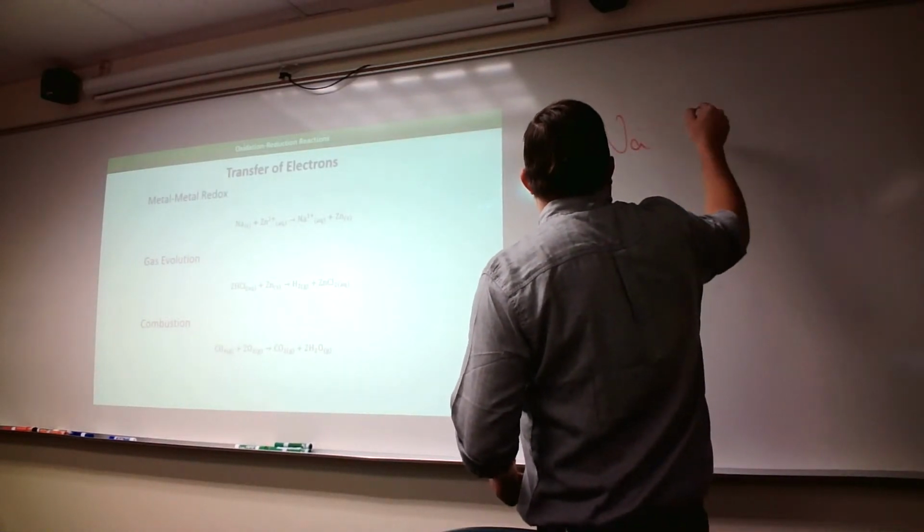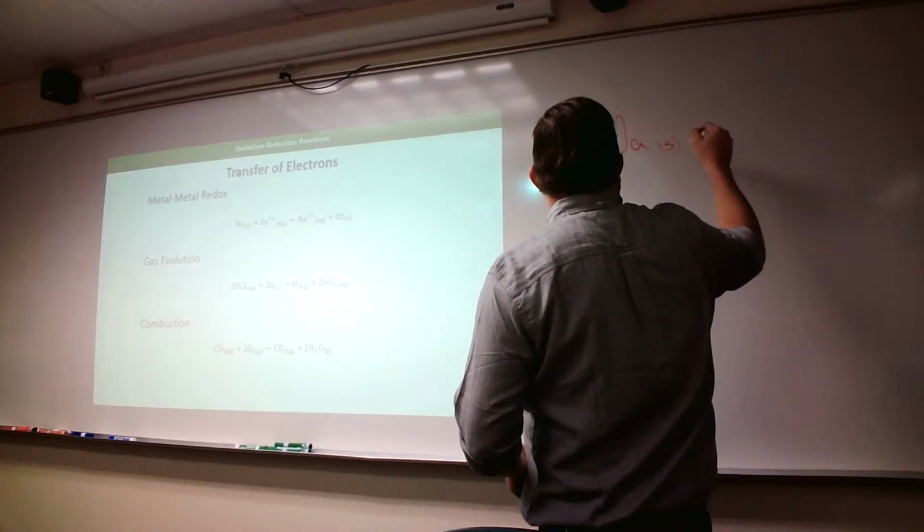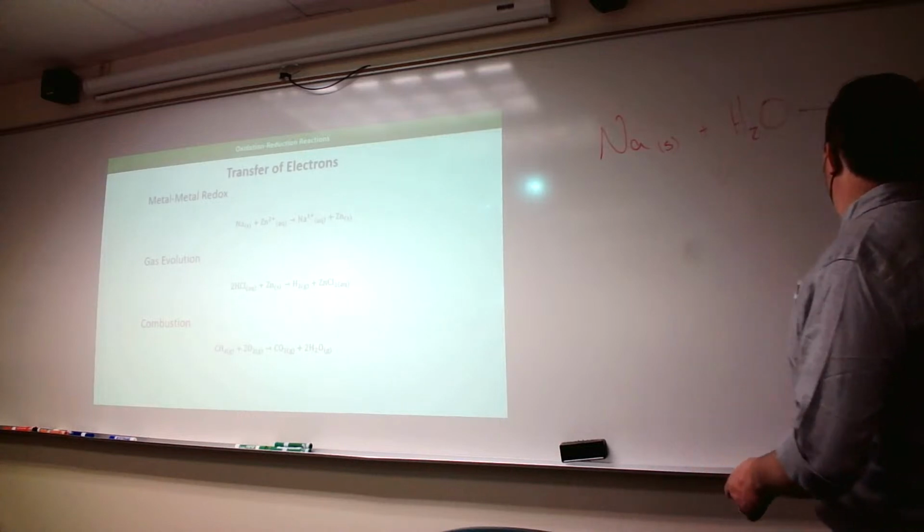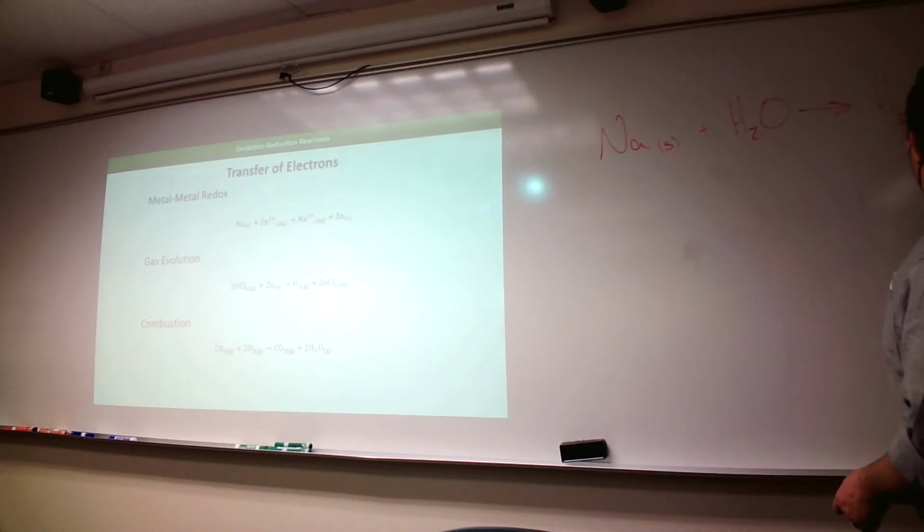We did sodium metal plus water in lab today, right? And when that reacts, it makes hydrogen gas and hydroxide and sodium, or sorry, we'll put it as sodium hydroxide.